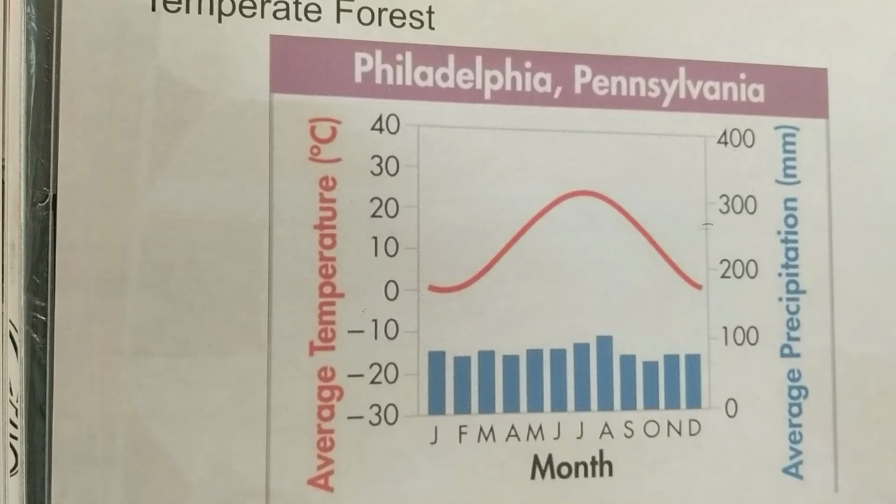What could we say about the average temperature? Is it high? Is it low? Does it fluctuate throughout the year? What happens here? And now tell me, what about the average precipitation?